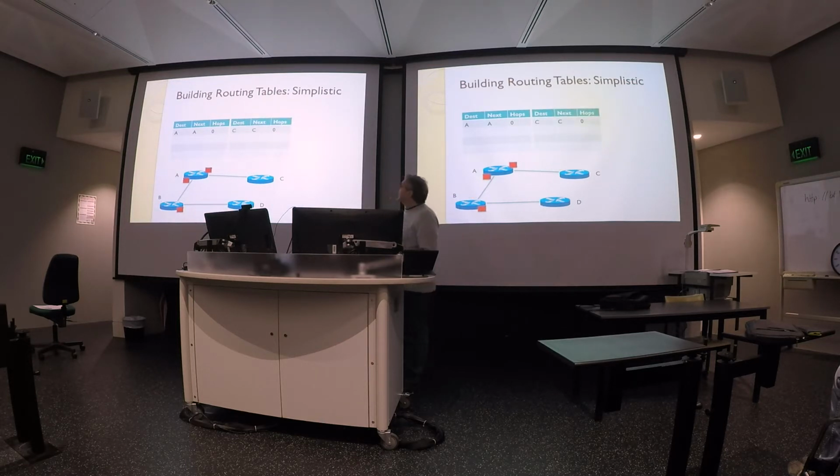So A has received this packet from C. And C's packet just said, I can get to C, the next place I go is C, and the cost is 0. So A can add that information to its table. A now knows that A can get to the destination C by following the link connected to C, and it costs 1.